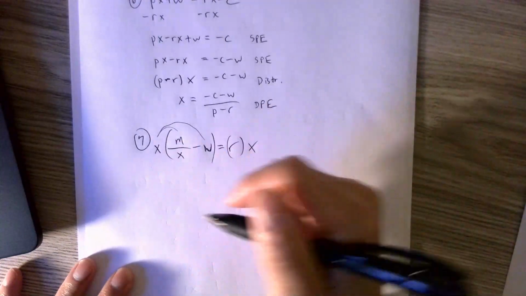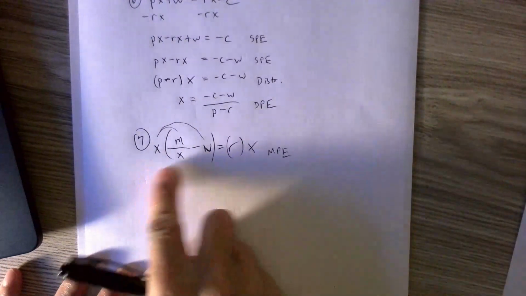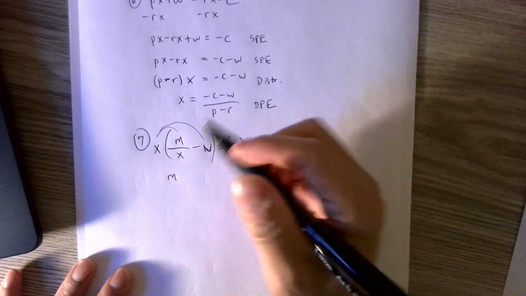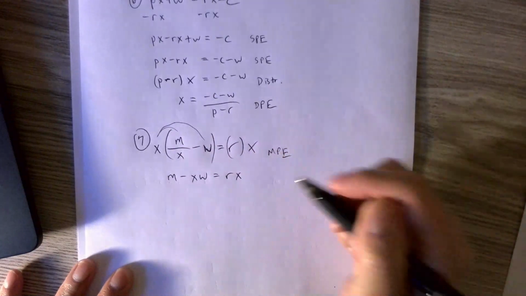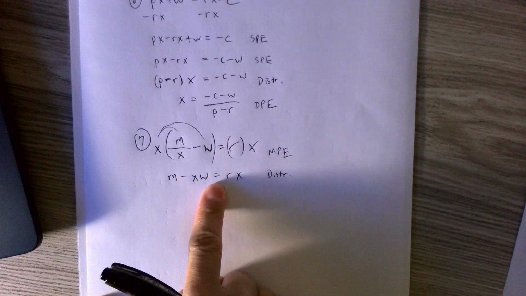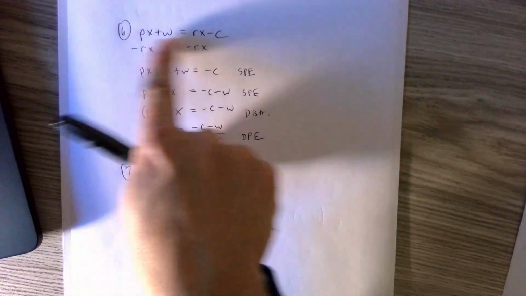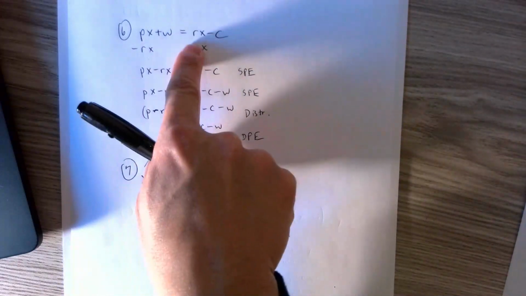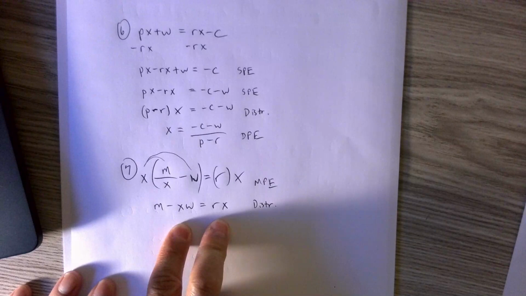So after the distributive property, well, first this is MPE, and then distributing the x, I get m minus xw equals Rx. Now I'm in the same place I was before in example number 6. I have two terms with x's in them, and they're on opposite sides of the equation. Here they are.